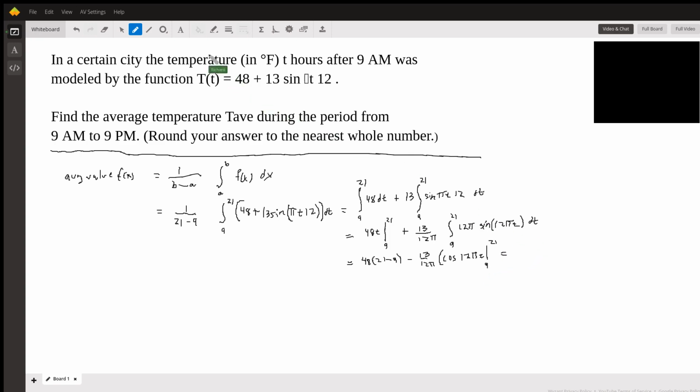I think we'll start a new line here. So this is 48. Oh, I forgot this term in the beginning. It's 1 over 12 times this whole thing. I'm sorry I left that out. See this 1 over 12 here?